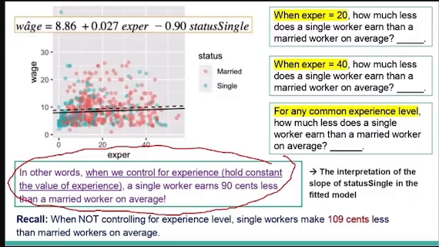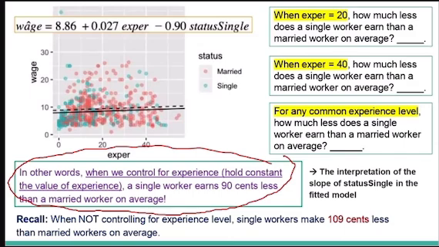And this is what I'm trying to say here: when we control for experience, that is, we hold that as constant, a single worker earns 90 cents less than a married worker on average. Take a look at that. That's after controlling for experience.